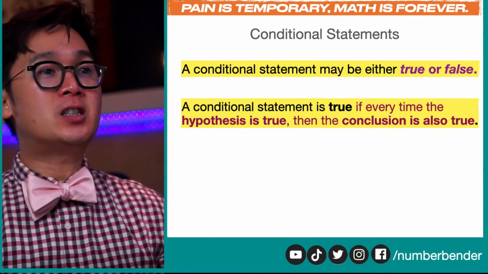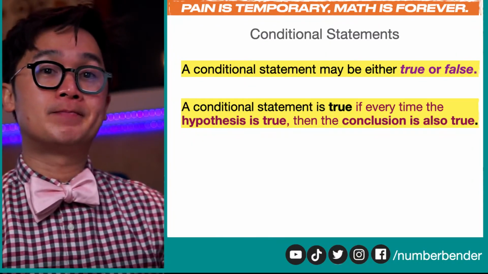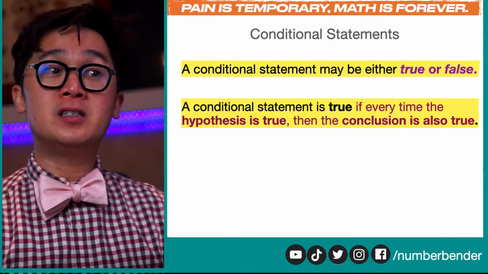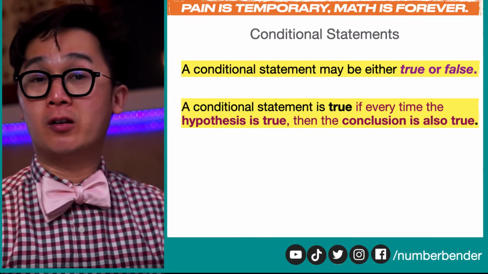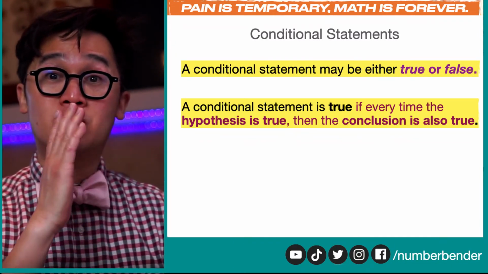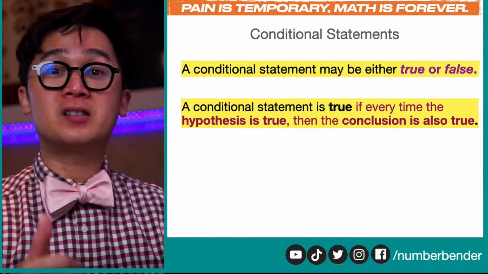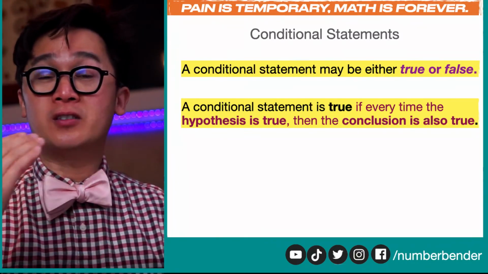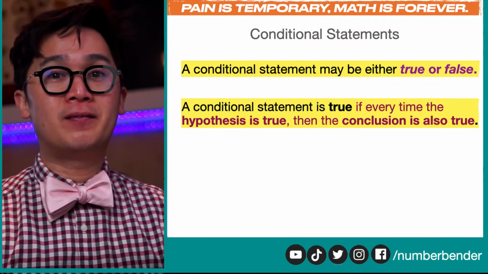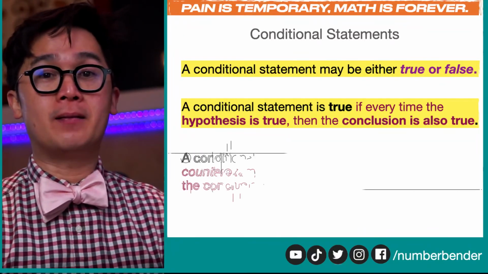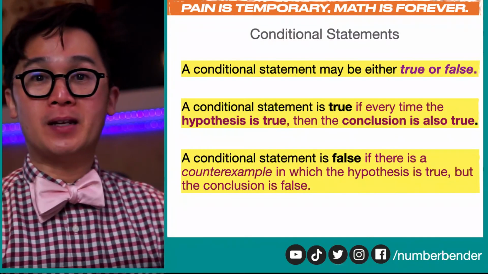One, a conditional statement is true if every time the hypothesis is true, then the conclusion is also true. So when the hypothesis is true and the conclusion is also true, then we have a true statement. So what about a false statement?